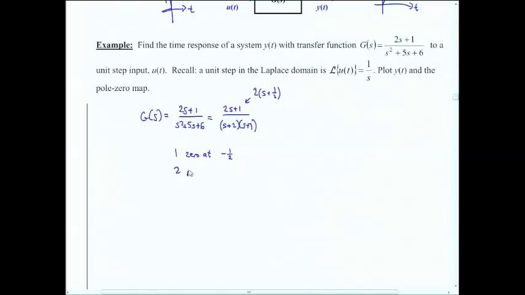And I've got two poles at the values -2, -3. So my pole zero map looks like this.